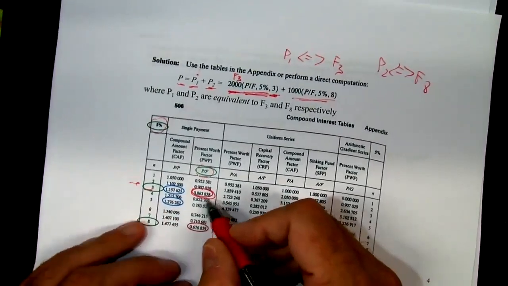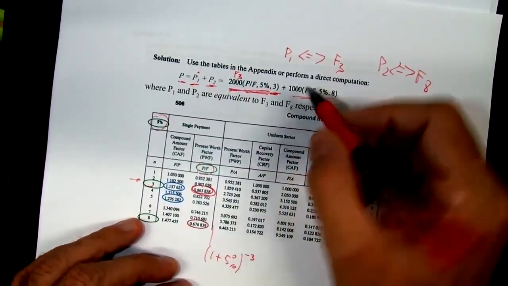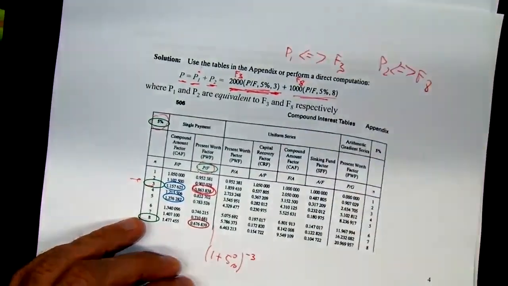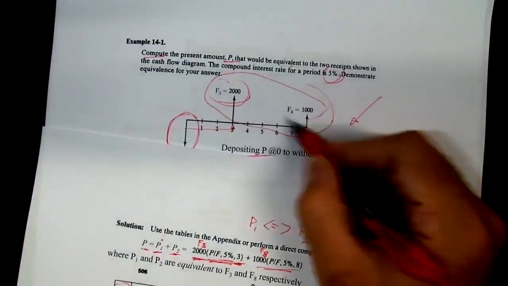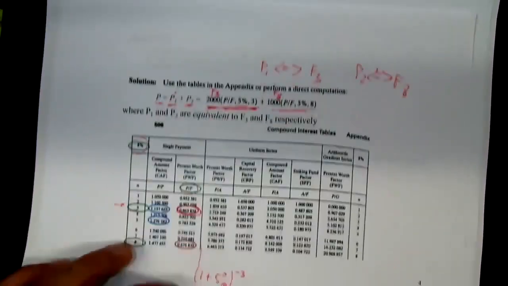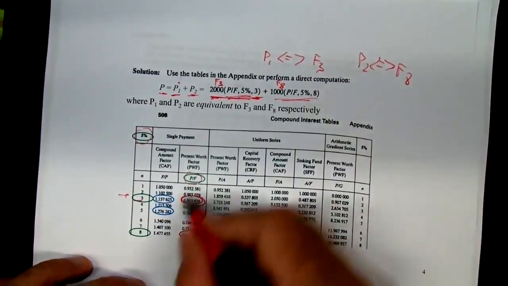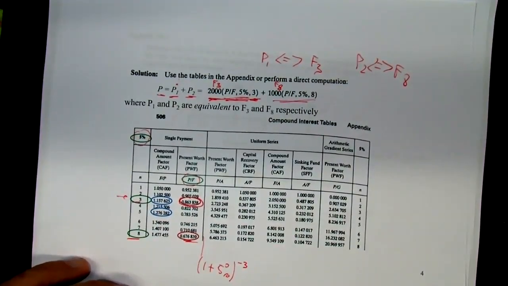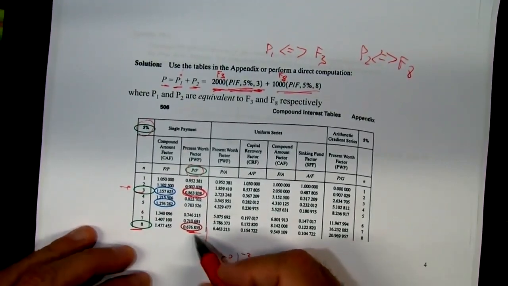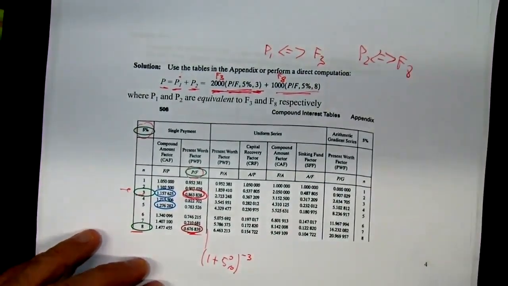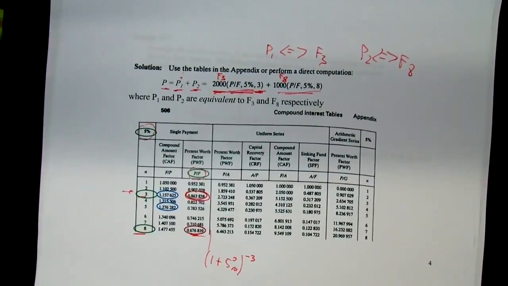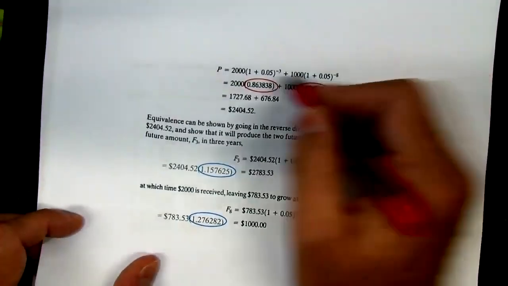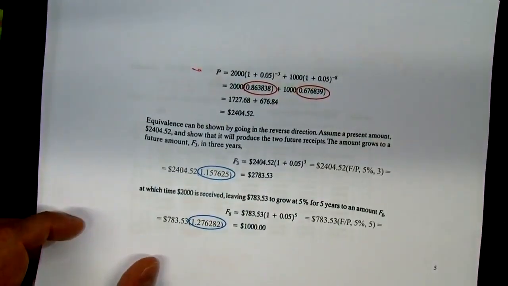Once we have this factor, we do a very similar thing for the second component. This will be your F8, which is 1000, multiplied by the P given F at 5%, so the same column, but with 8 periods in between, where the number, of course, is different. And once you do the calculation, right here, we have it all laid out as anticipated.